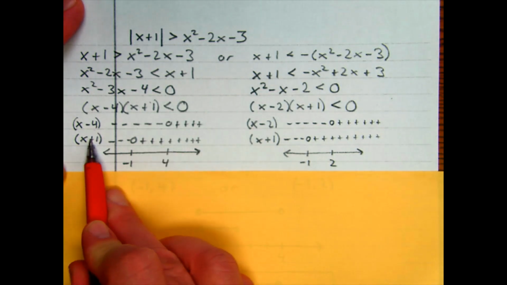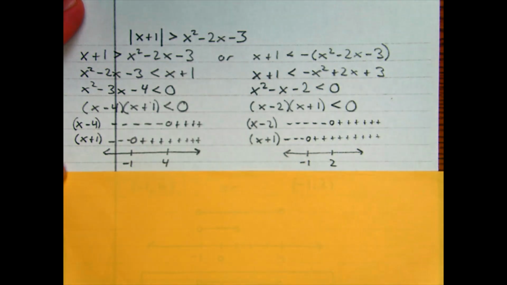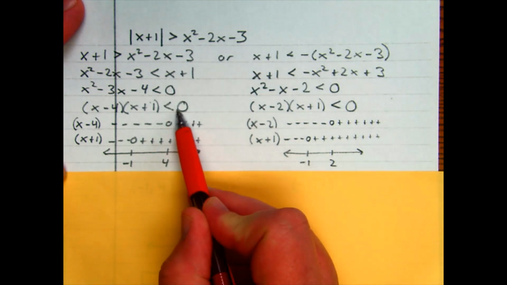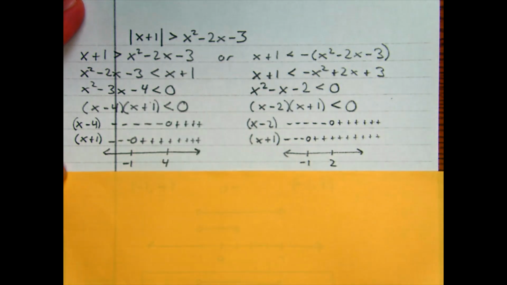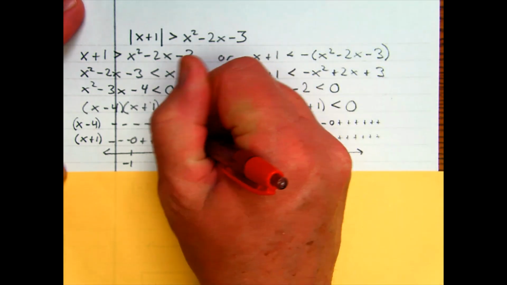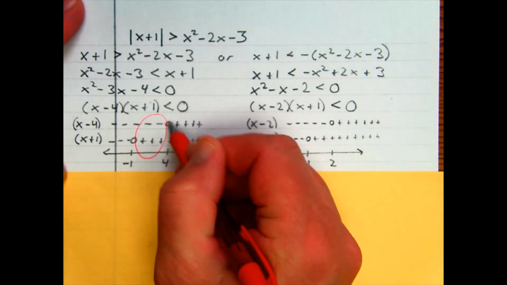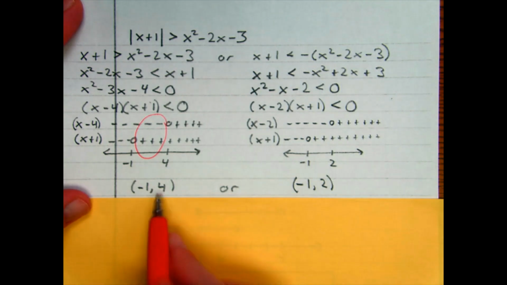X plus 1, 0 at negative 1, negatives to the left and positives to the right. This is a less than, which means we're multiplying two things together to produce a negative number. That's going to happen when signs are different. We don't have the little equal sign underneath, so we're not interested in endpoints. We're interested from negative 1 to positive 4, uninclusive.